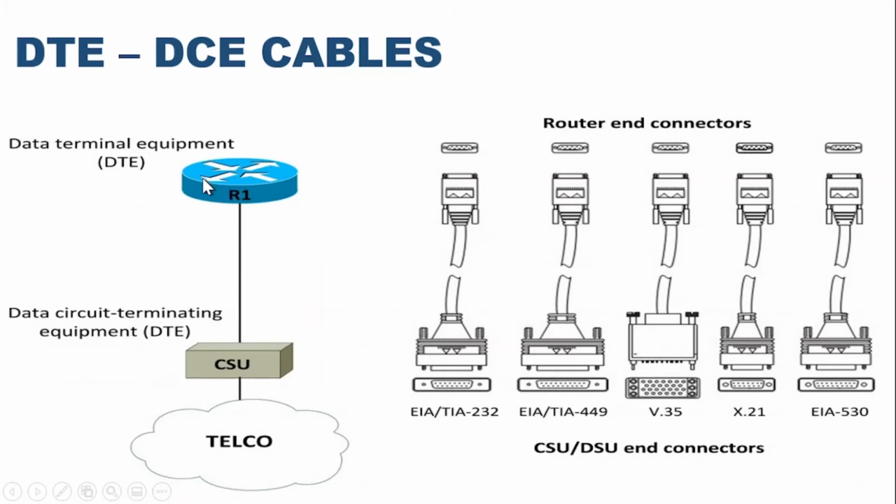Again, our router serves as the data terminal equipment that is going inside our local area network. And connecting between CSU and DSU is the DTE and DCE cable, just like what you see on the right of the figure. These are the CSU-DSU connectors.